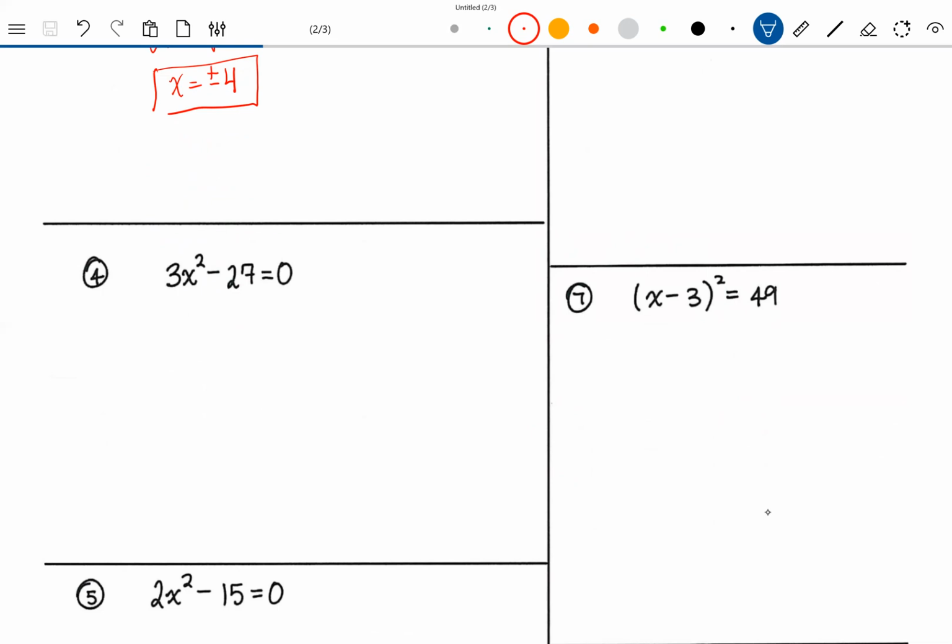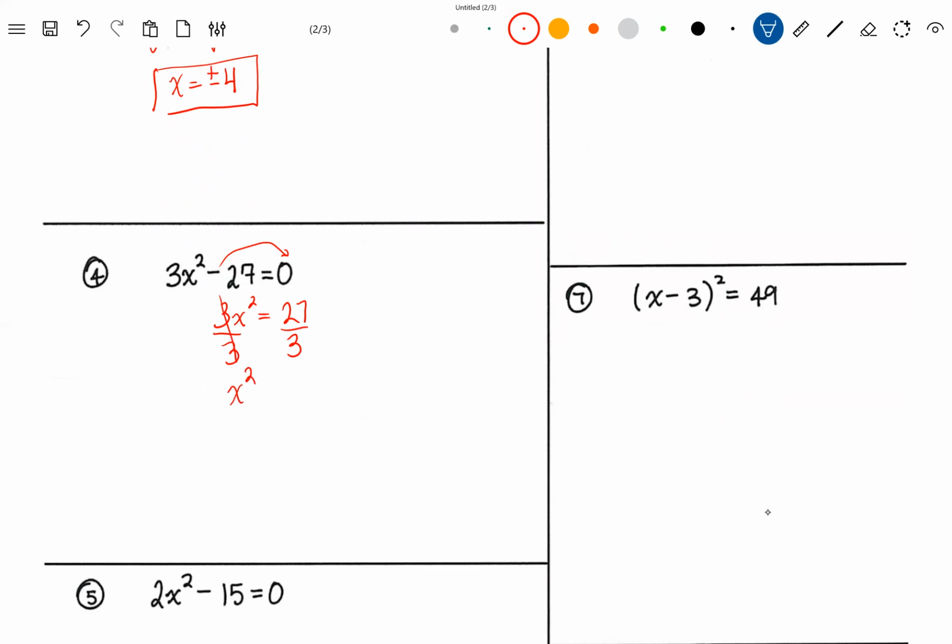But again, we have a squared term and we have a constant. So I'm going to move that 27 over to the other side to have 3x squared equals positive 27. Divide by 3. So x squared equals 9. Square root both sides. So x is positive and negative 3.